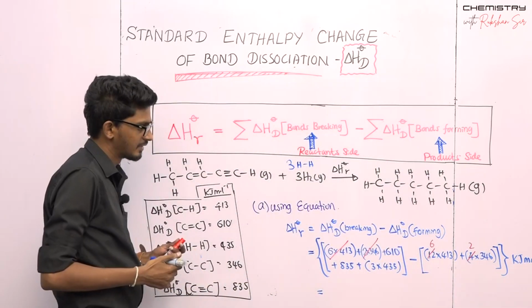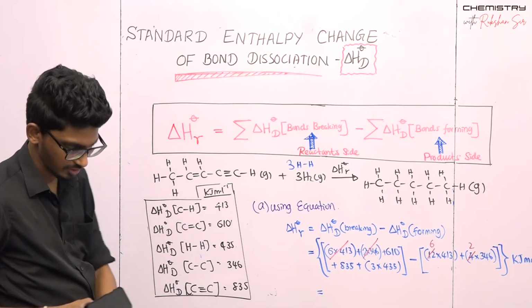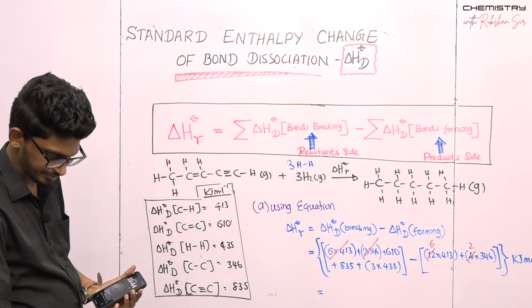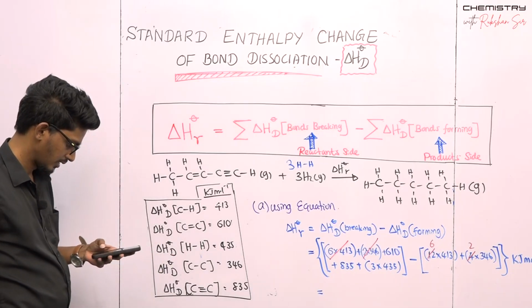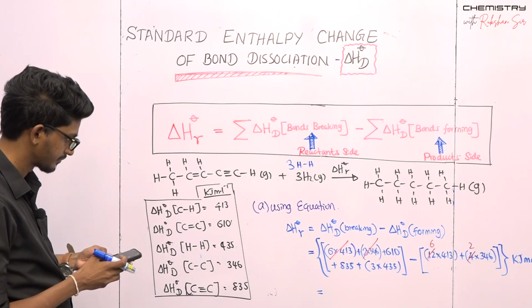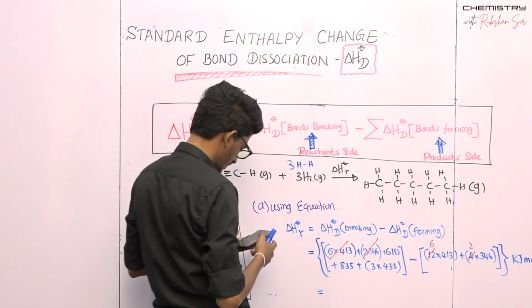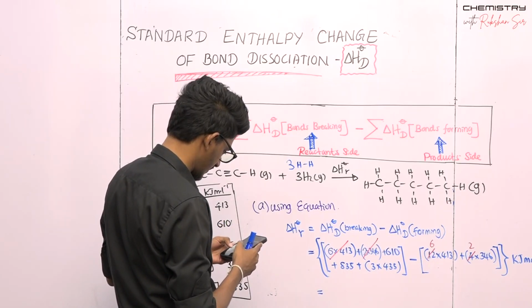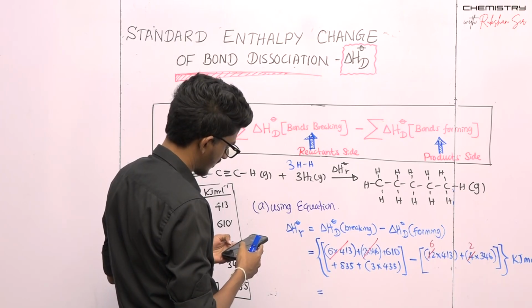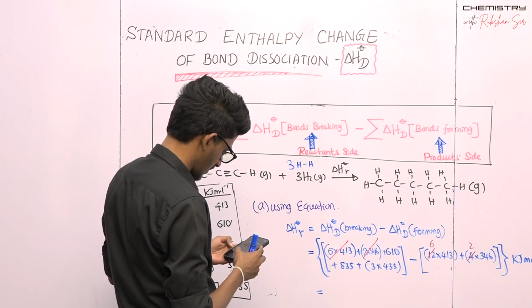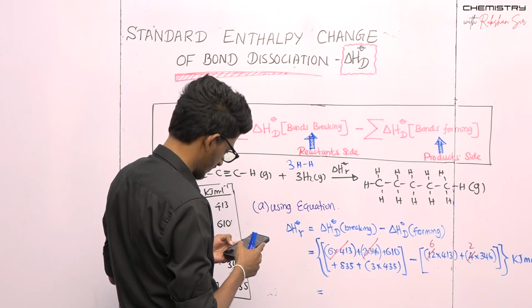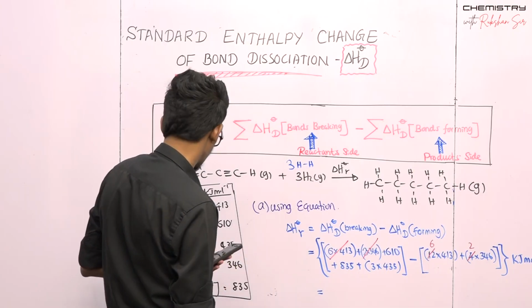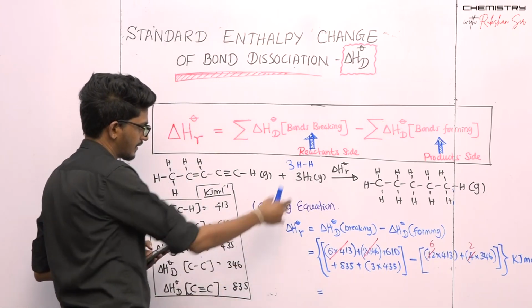So now simplify the numbers. You can write these things while I am simplifying. So this side, 610 is there, 835 is there, and 3 into 435. Right, 3 into 435, yeah, it's there.